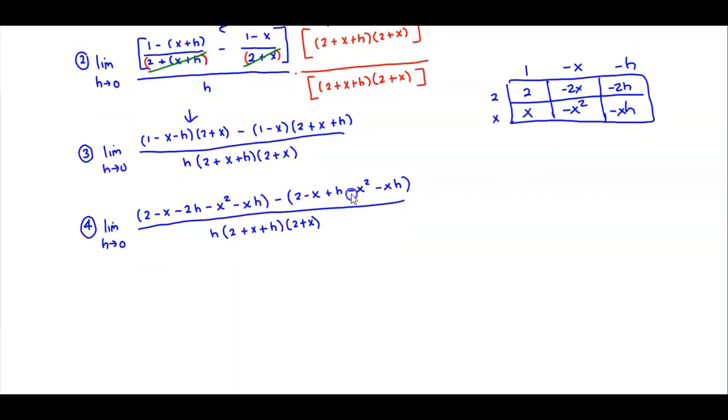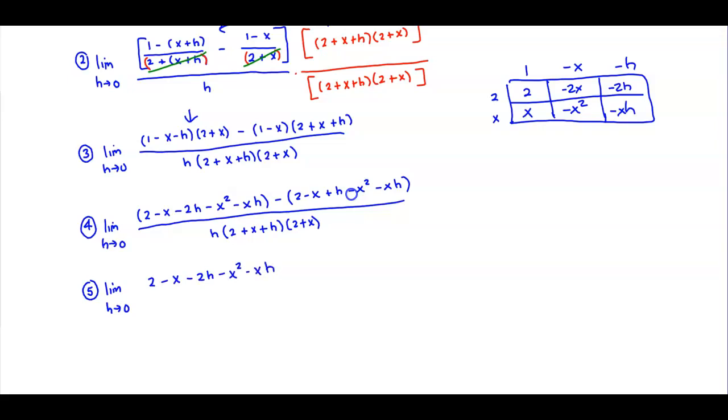Okay, now let's distribute the sign. So if we distribute the sign, then on the left side we end up with 2 minus x minus 2h minus x squared minus xh.